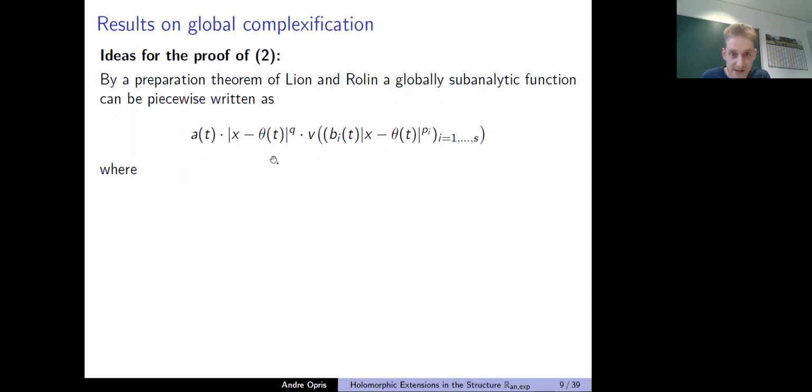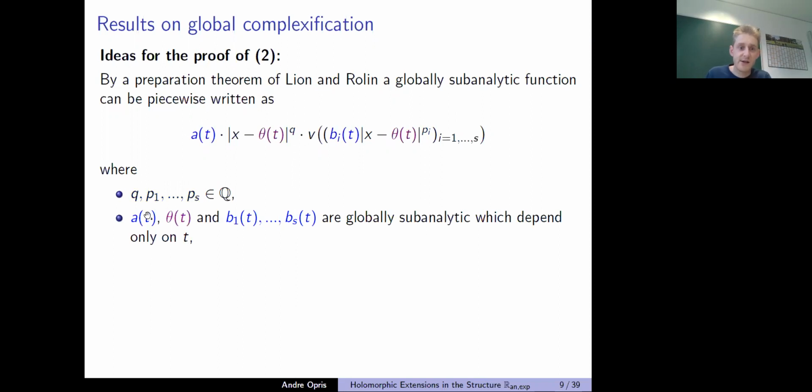Let me explain the single components of this preparation. At first, these exponents are rational numbers. Then this coefficient a and this coefficient b_i are globally subanalytic and depend only on t, and this theta also depends only on t. And this variable t can be a tuple of n variables, and x is a single variable.